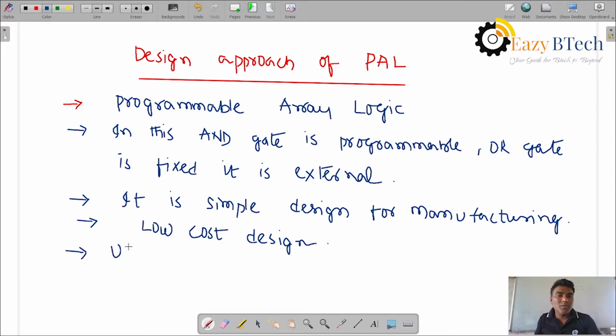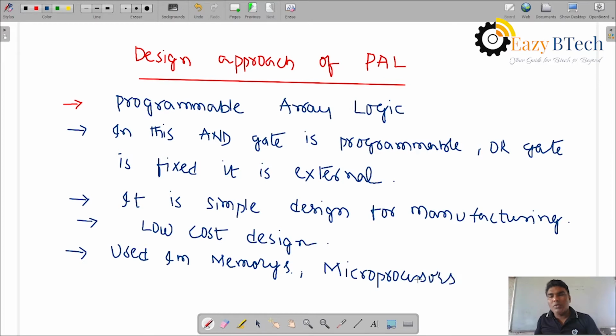It is used in memories and microprocessor applications, where the microprocessor program is stored. It is used for different gate level design, different combinational circuit designs.